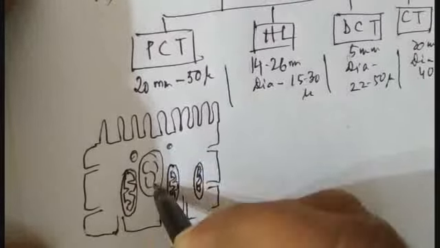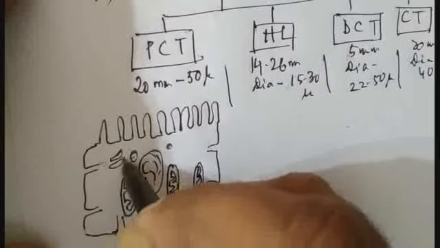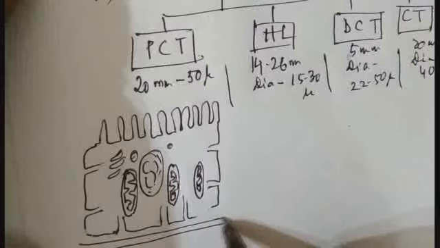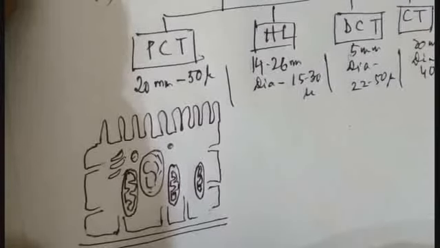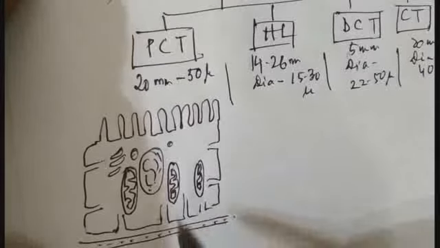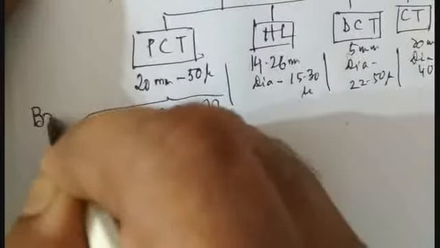This one is the nucleus. This one is epithelial tissue. This is a very specialized structure called the brush border.